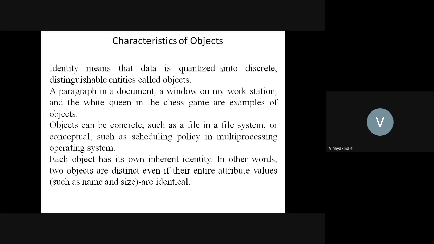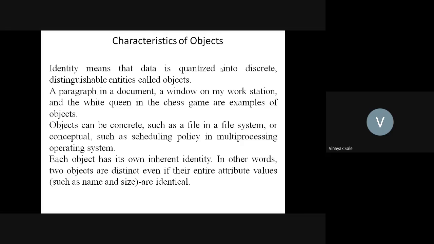For example, a paragraph in a document. Suppose there is a document with a number of paragraphs. Out of them, a single paragraph is a part of that document. A window of a workstation is also an example of an object.